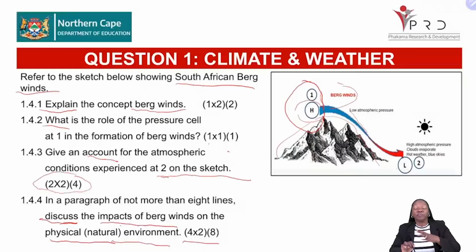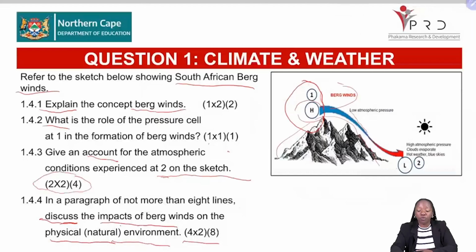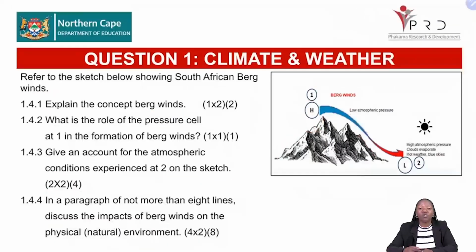Remember again, go through all the questions first, you underline, and after you are done with the questions, you are now aware of what the questions are, and then again you study the diagram, especially for these questions that you're supposed to answer according to the sketch. So I'm going to give you 10 minutes because there is a paragraph question, and then after 10 minutes we will be able to proceed with our solutions.